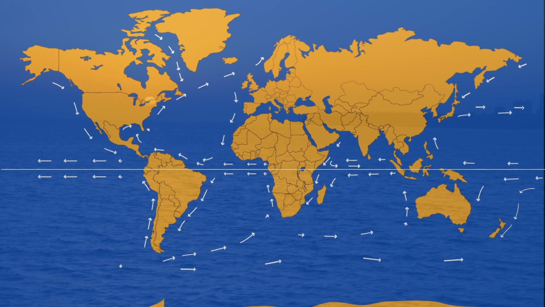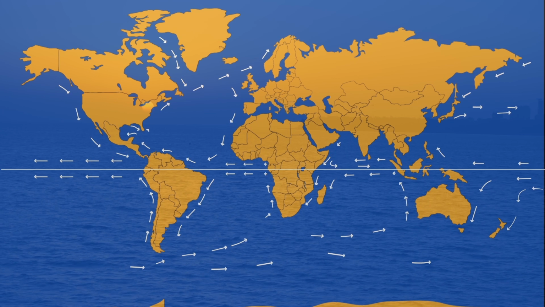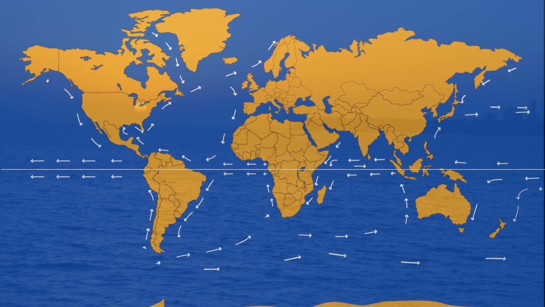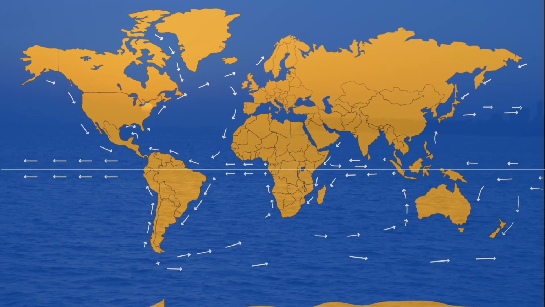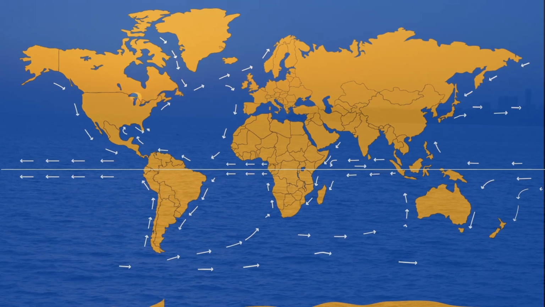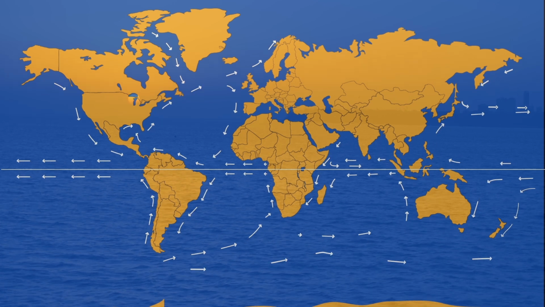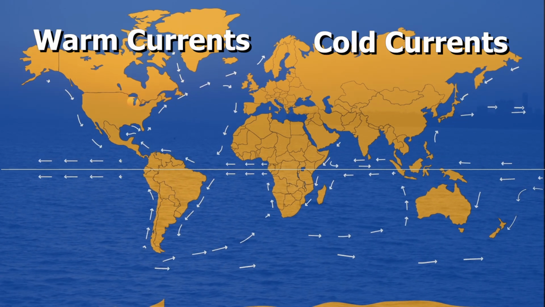Ocean currents are like rivers in the ocean, thousands of kilometers in length and sometimes about 200 kilometers wide. Based on temperature, ocean currents can be broadly divided into two categories, that is, warm currents and cold currents.